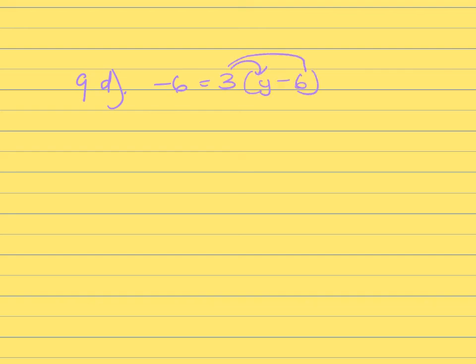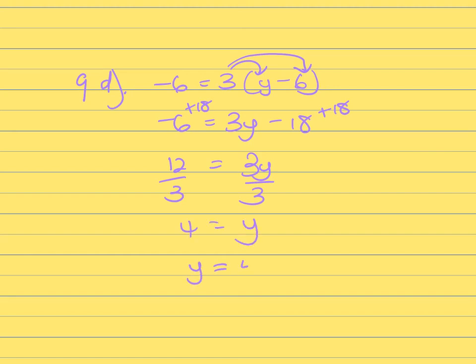We expand the bracket, so minus 6 is equal to 3y minus 18. We add 18 to both sides, so 12 is equal to 3y. Divide both sides by 3. 4 is equal to y, and we end with y equal 4.